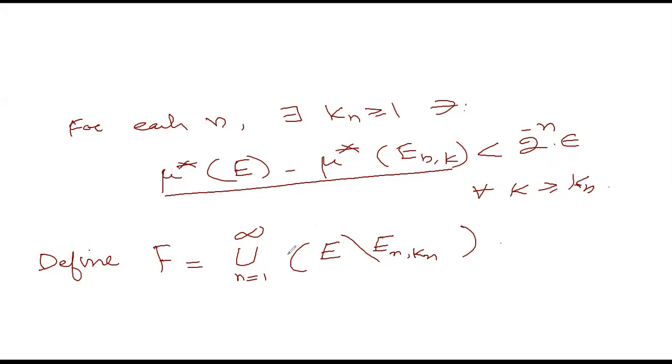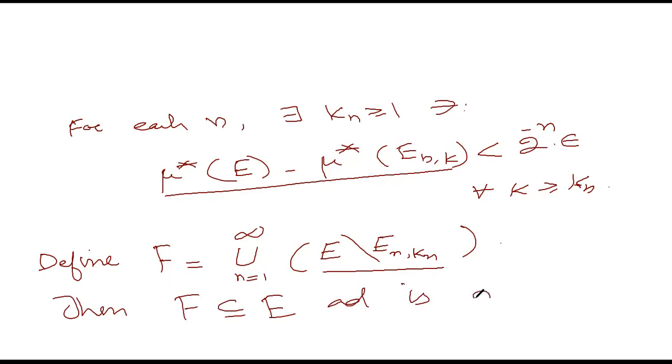E minus E_{1,k_1} is measurable, E minus E_{2,k_2} is measurable, so if I take the union, the union is obviously measurable. Each E_{n,k_n} is measurable, E is also measurable, the difference of two measurable sets is again a measurable set, and a union of measurable sets is again a measurable set. So F is established as measurable.